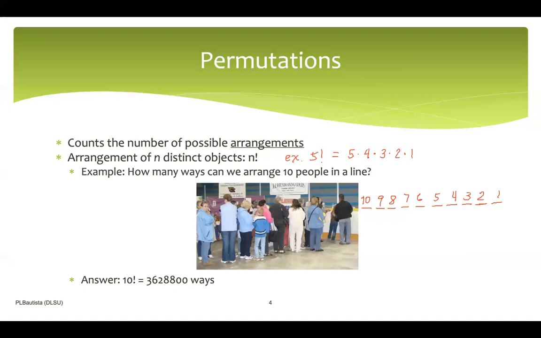So for your calculators, you just have to look for the n factorial or x factorial button. Okay. And for Microsoft Excel, the formula to use is equals FACT and input the number that you want to compute a factorial for. So this is for Microsoft Excel.